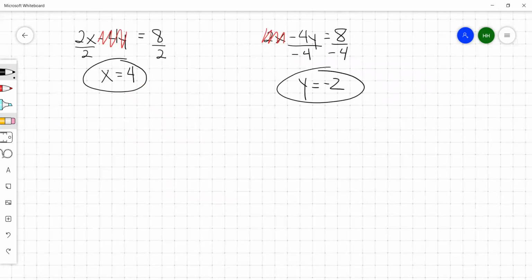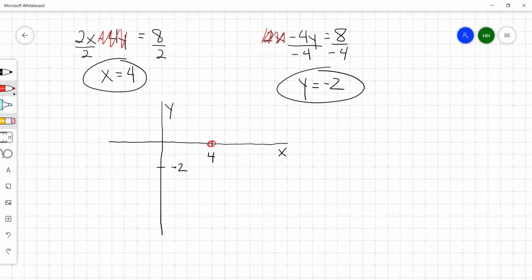So then we draw a coordinate plane. Here's our x, here's our y. On the x-axis, we intercept at 1, 2, 3, 4. On the y-axis, we intercept at -2.